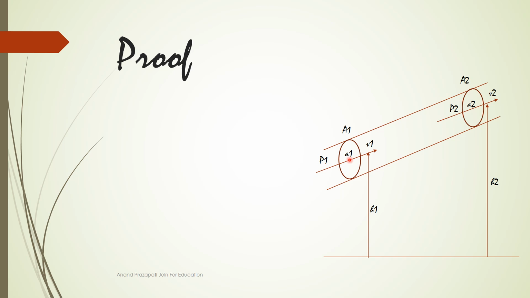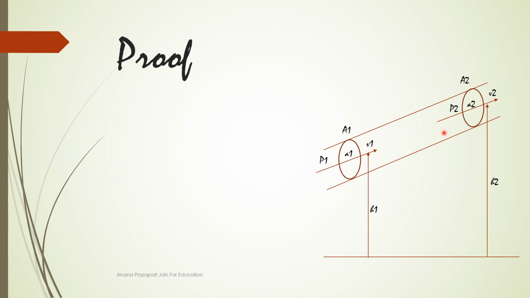We know that gravitational energy means mgh. So we have A1, V1 and H1. Area multiplied by the velocity gives volume per second. When volume is multiplied by the density of the liquid, we get the mass. So the gravitational energy at A1 will be A1 V1 into the density of the liquid into H1.